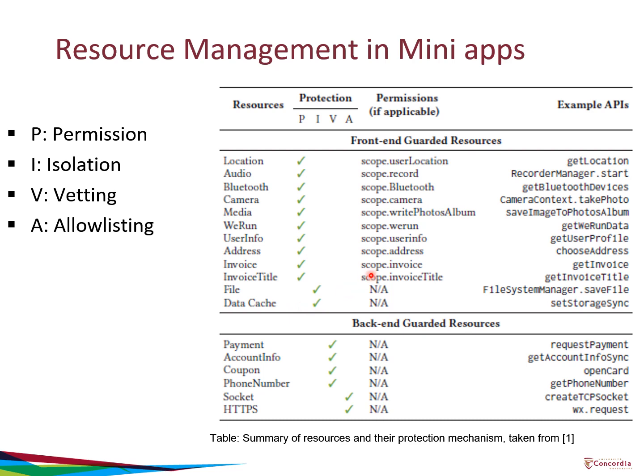For the backend guarded resources, the backend of the super app also needs to protect the resources from being accessed by unauthorized apps. To this end, the super app will first verify the authenticity and the corresponding permissions of the developers, and then grant them access once they have passed the checks.